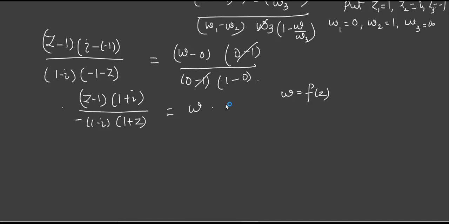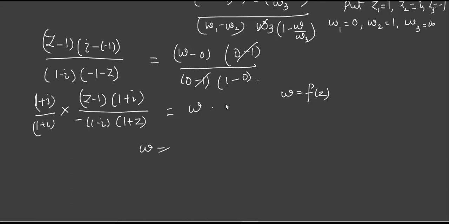Rationalizing. Yes, we need to rationalize it. This is actually the required thing only, but we have some complex number. We'll rationalize it, so we have to multiply and divide by the conjugate pair. What is the conjugate pair of 1 minus I? 1 plus I. Multiply and divide by that.